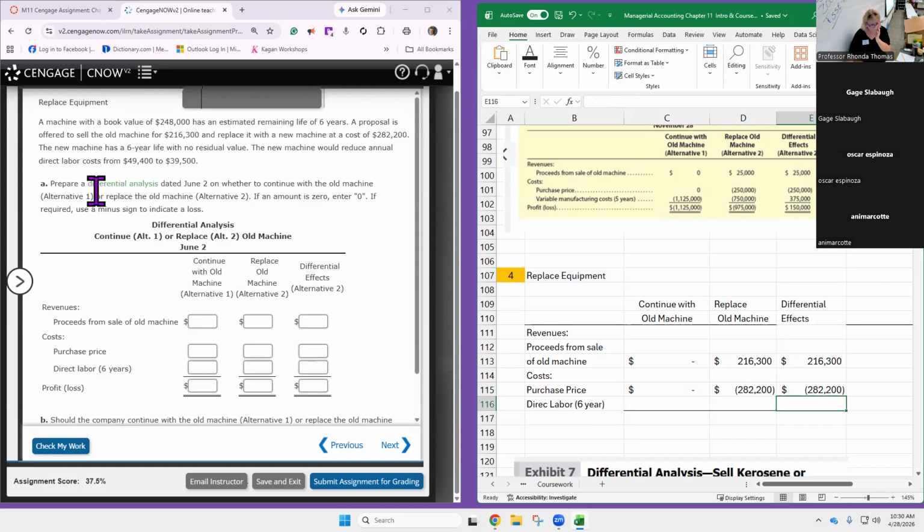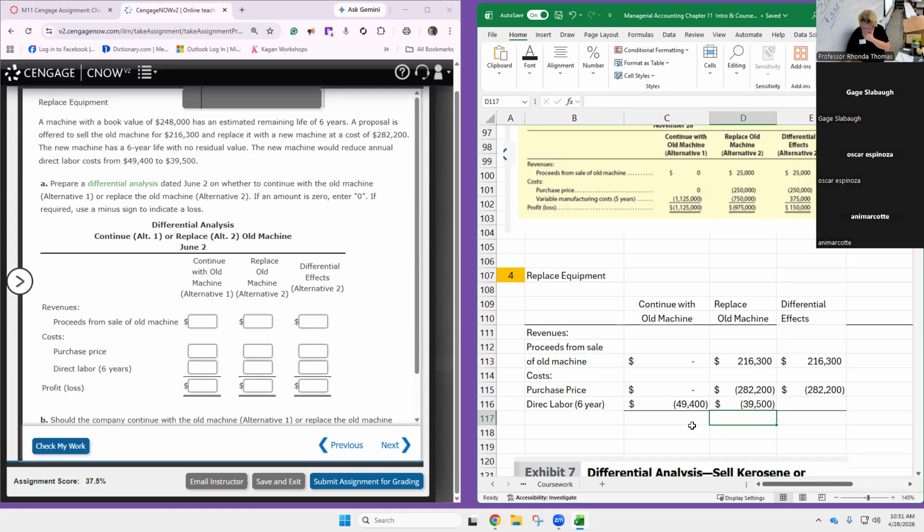It says we'll reduce direct labor costs from 49,400. So we're going to put the costs in for direct labor. Direct labor with continuing the old machine is going to be a negative 49,400. And then the new machine would have direct labor of 39,500.